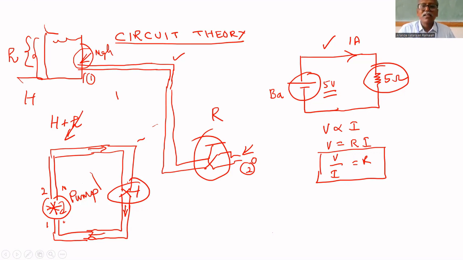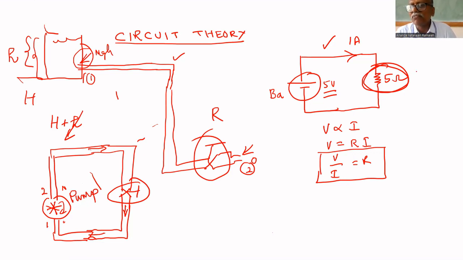You understand that? That way, this resistance resists the flow of current, like this hand valve. If you completely close this hand valve, what will happen? Even though the pump is pumping, there is no flow of water because the valve is completely closed. Then it becomes an insulator.